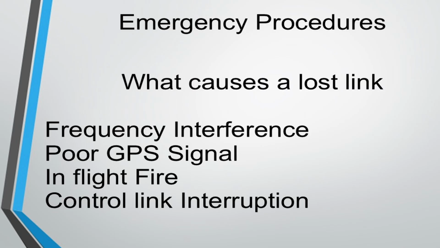One thing I have seen is if I fly modestly close to a cell tower, my drone begins to behave abnormally. Another one might be a poor GPS signal, could be an in-flight fire, or it could be the control link interruption. It may be as simple as you forgot to charge the battery on the base station or your phone.